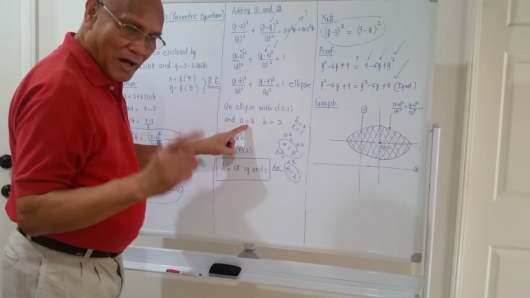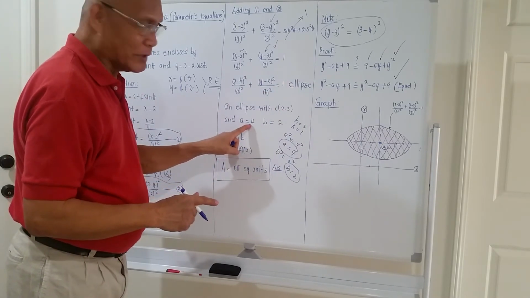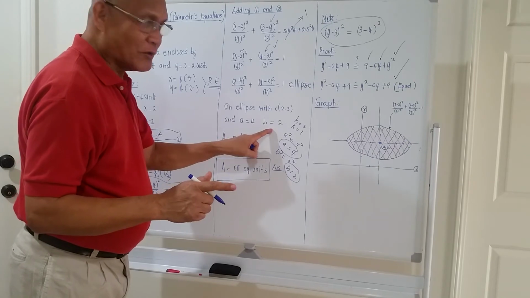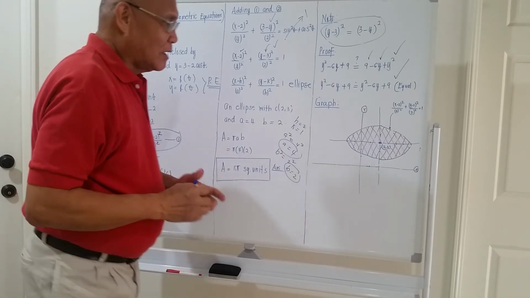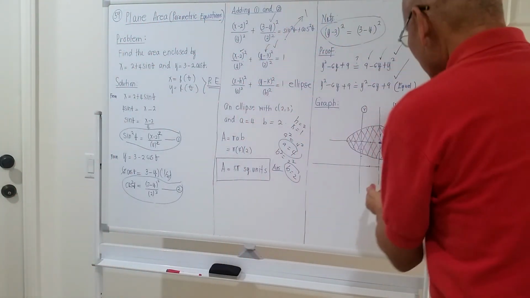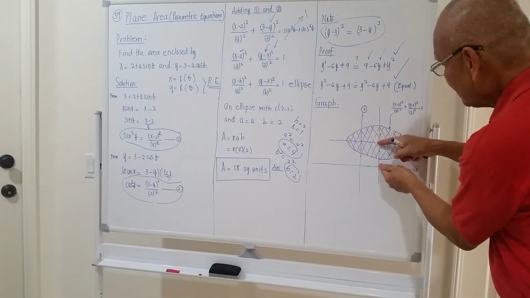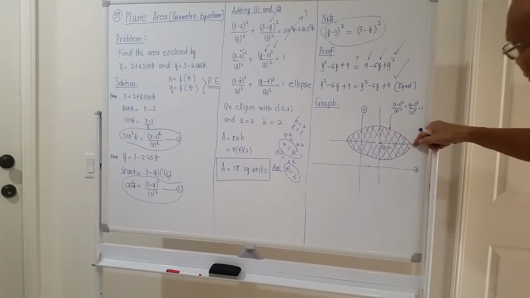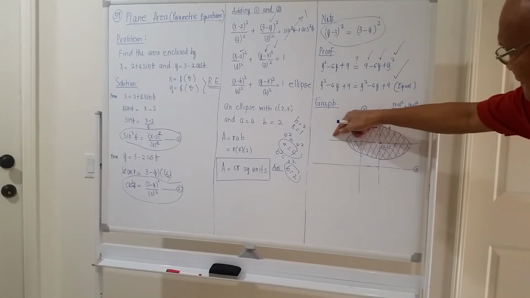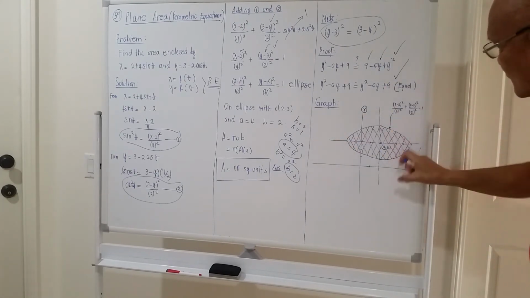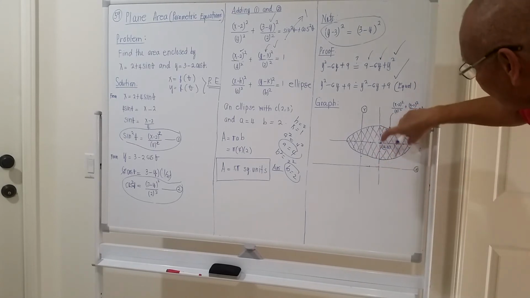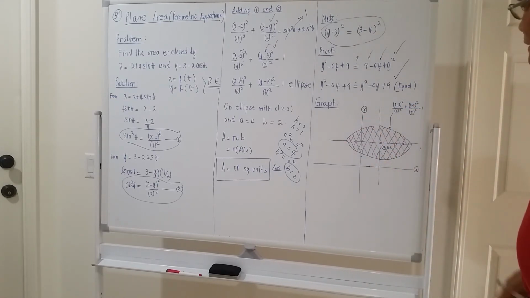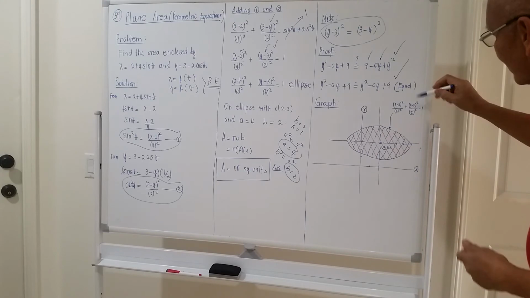The value of the major axis is 4 units and the value of the minor axis is 2 units. This is the major axis, the longer one. This is the minor axis, the shorter one.